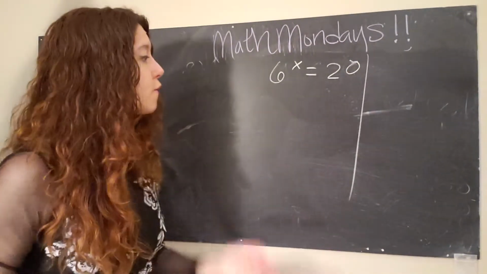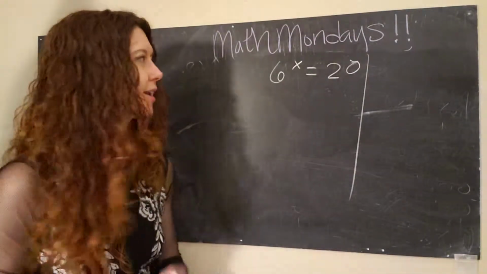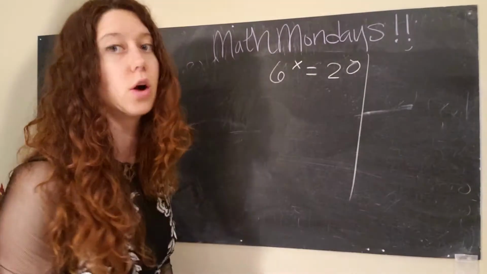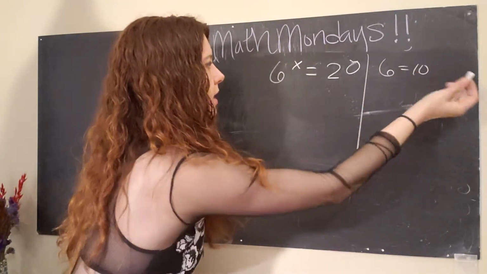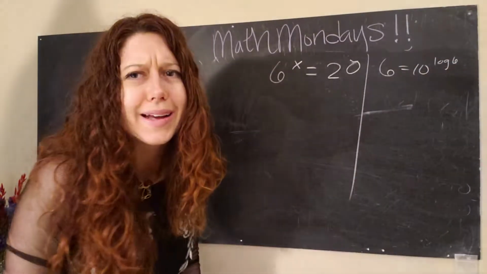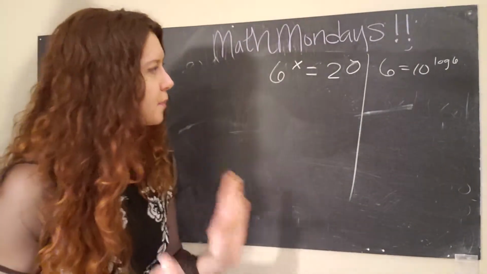First of all, we're going to do a classic math trick where we rewrite 6 and 20 using logarithmic notation. So we can rewrite 6 in this way, 10 to the log of 6. And you're like, wait, why does that work? How is this true? So let's back up a second.